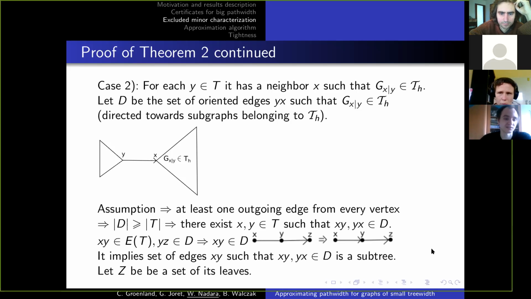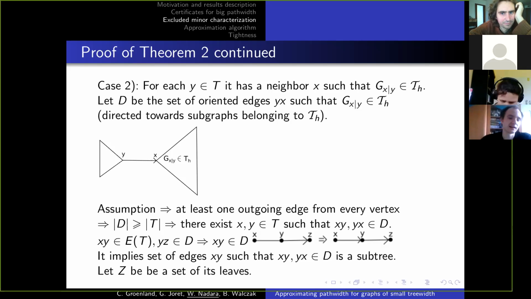And our assumption tells us that for each vertex y, there is an outgoing edge from it. In particular, it means that there are at least as many directed edges as there are vertices in our tree decomposition. So there exists an edge that is directed in both ways.